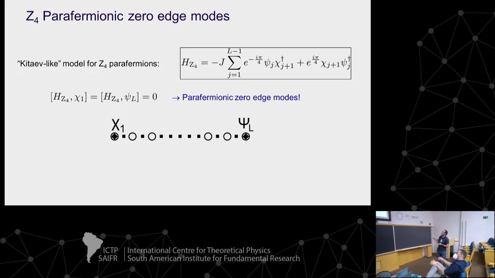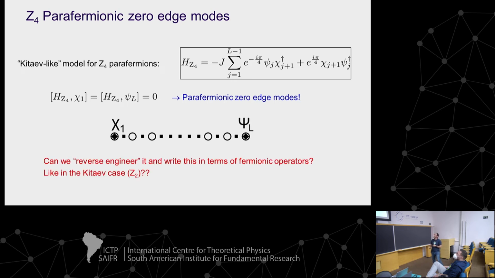Already I have a chain where j equals 1 is connected to chi 2 and so on. So chi 1 is free, and psi L is also free. They are not present in these couplings here. So we already start from a chain with two parafermionic modes free at the end.